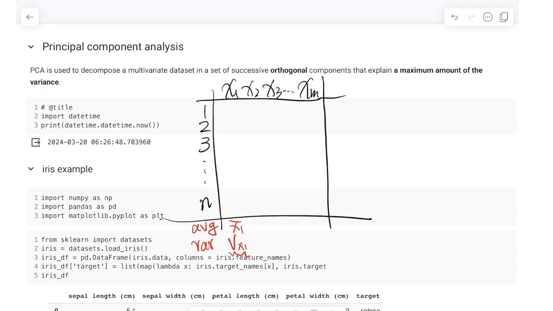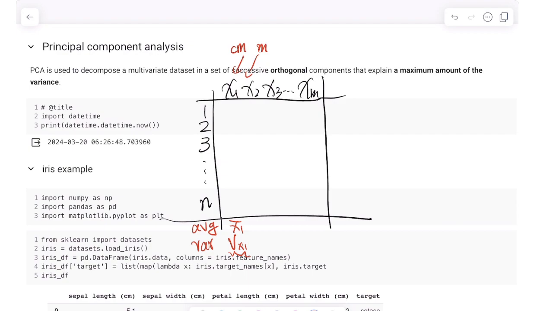The other is that if two features have a very strong relationship, for example, you collect the height of students, and one is in centimeters, and the other is in meters.